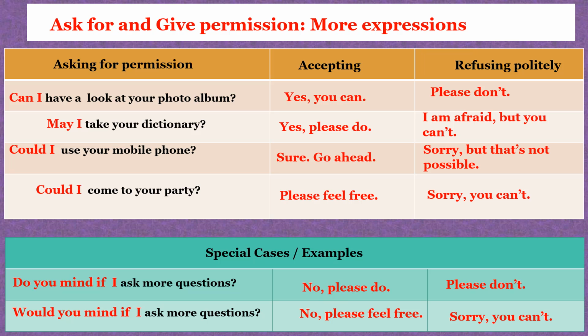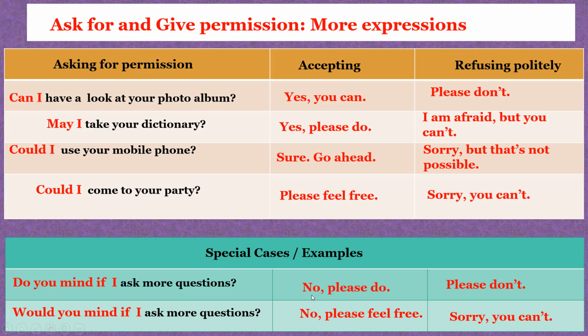So, as you can see, with do you mind if, would you mind if, these examples are exceptional. These examples are special because look, here, to accept we say yes.